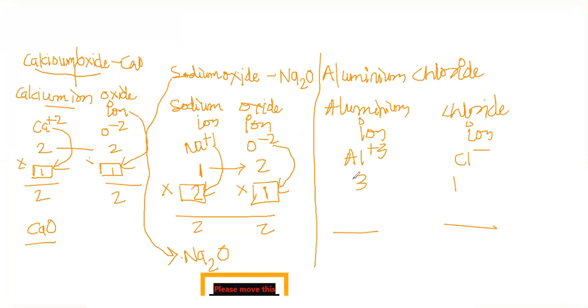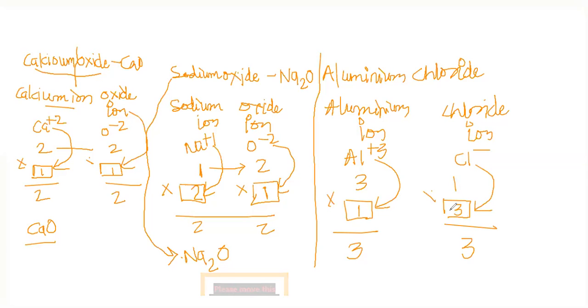The LCM of 3 and 1 is 3. Then you multiply, put a box, and put an arrow. 3 ones are 3 and 1 three is 3, so we need 1 aluminium and 3 chlorine, so the formula is AlCl3. This is how, my dear students, you can easily write the formula for any compound.